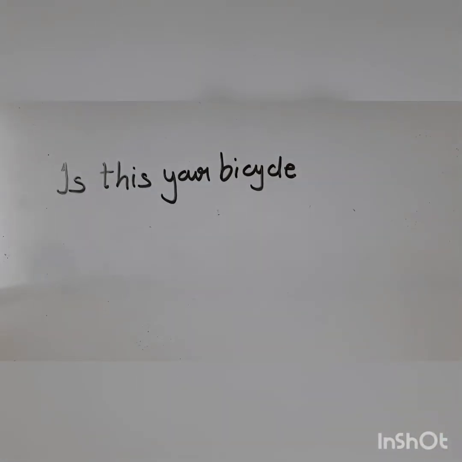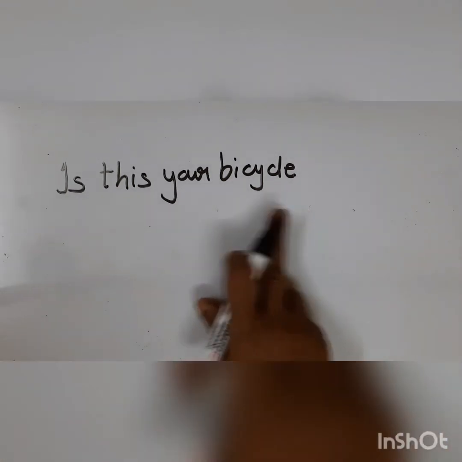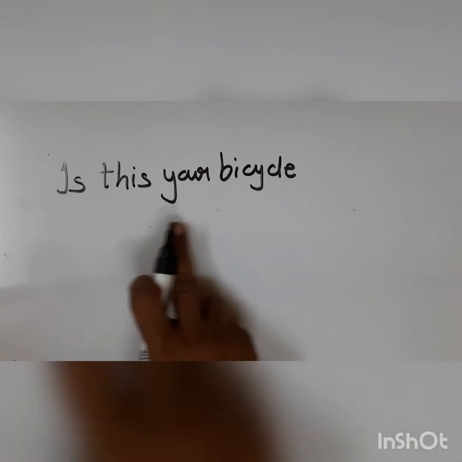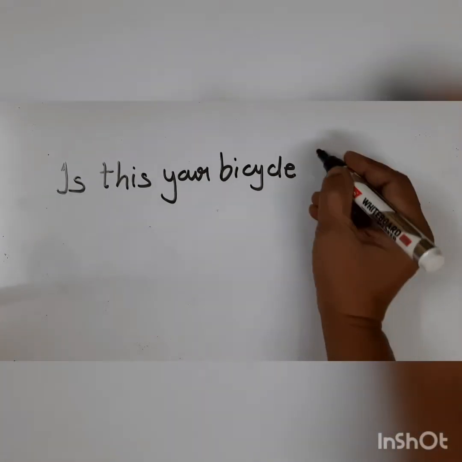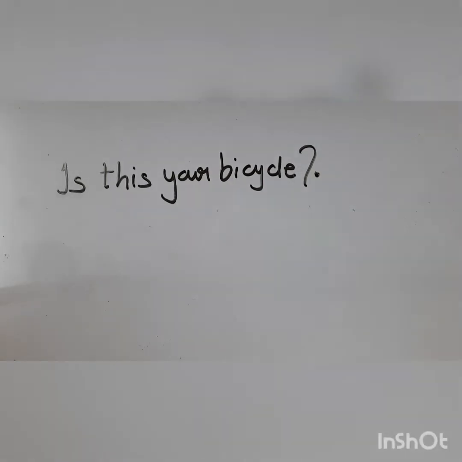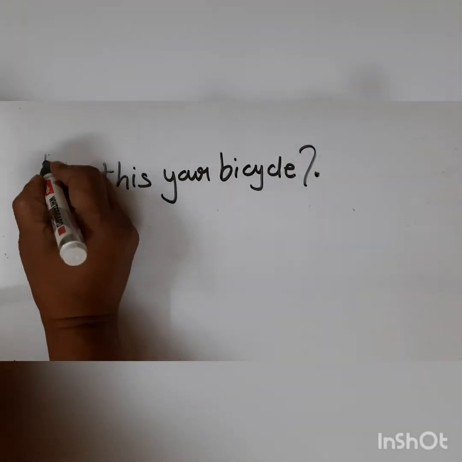Now, these spoken words are a question. So, where is the question mark placed? First, I'll put my question mark here. Then my speech marks here. And now, very, very important, you are going to place it before the closing inverted comma.